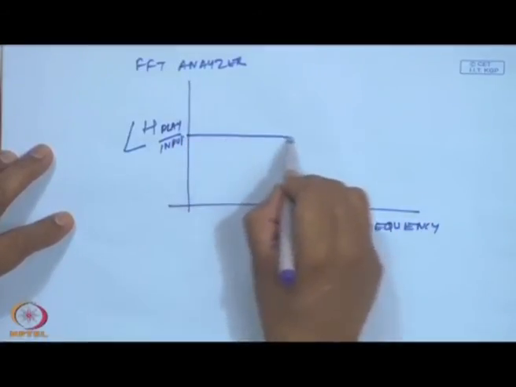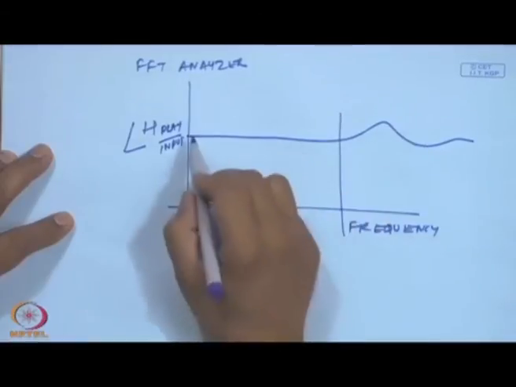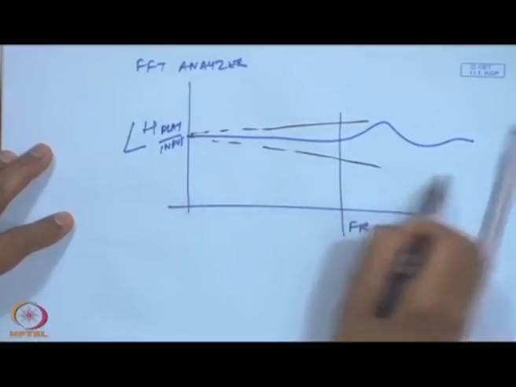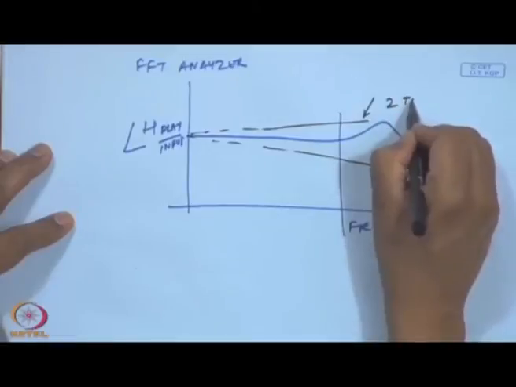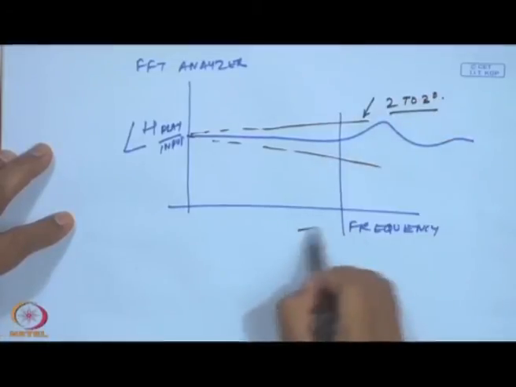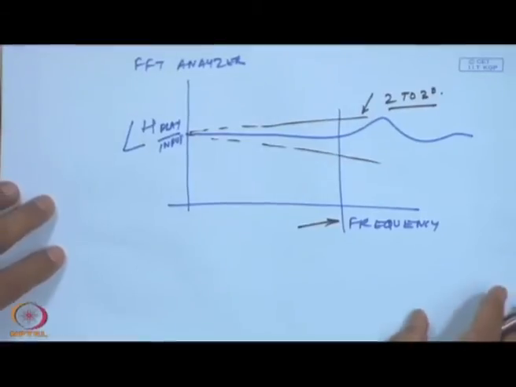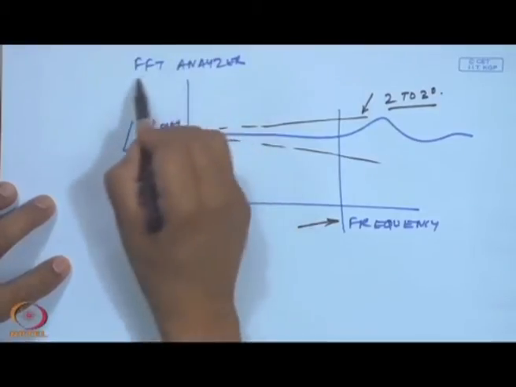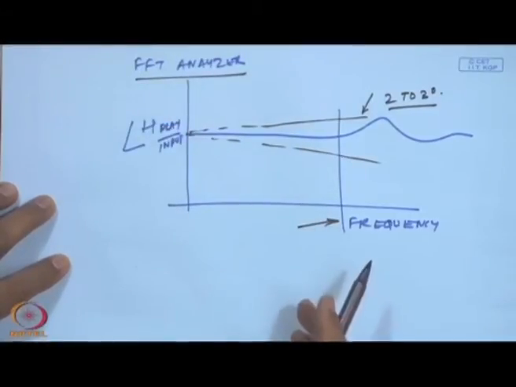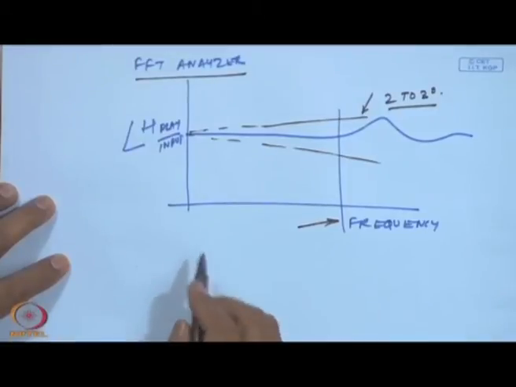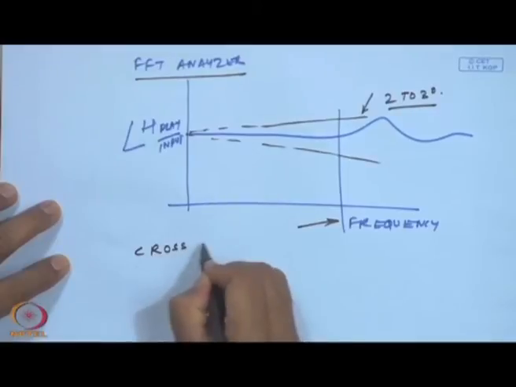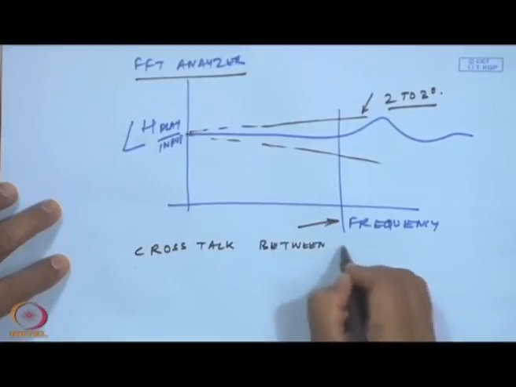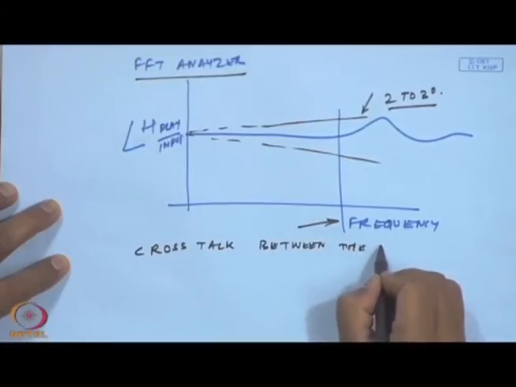This phase angle should also not vary, and typically these phase angles are of the order of 2 to 3 degrees. So then you can see the frequency limit of the signal. The upper frequency limit is decided by doing such a small test using random noise in a DAT recorder, and you could use the same technique in a digital recorder as well. And there should not be any crosstalk between the channels.